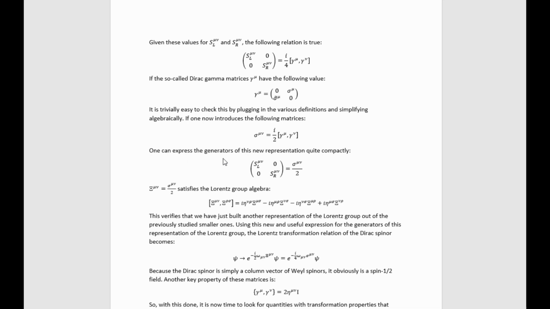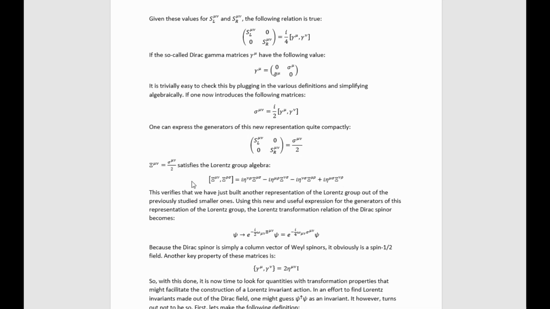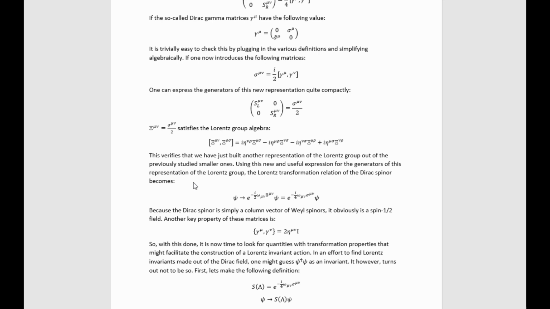One can express the generators of this new representation quite compactly as just sigma mu nu over 2. And we find that this sigma mu nu over 2 in fact does satisfy the Lorentz group algebra. This verifies that we have just built another representation of the Lorentz group out of the previously studied smaller ones.